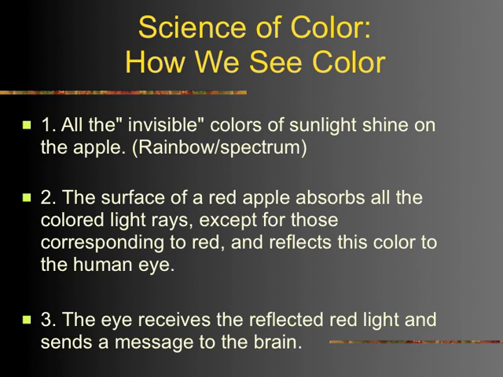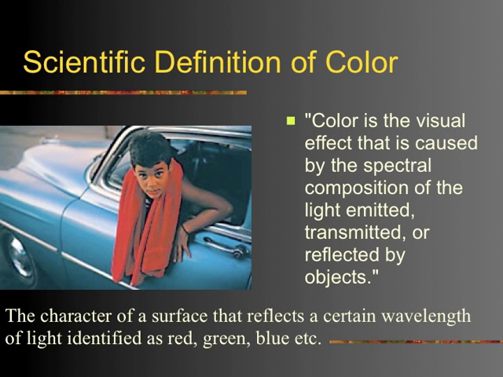These are the details of what you need to know about the science of color. Take a few moments to jot this down. In this class, the definition we want for color is the character of a surface that reflects a certain wavelength of light identified as red, green, blue.